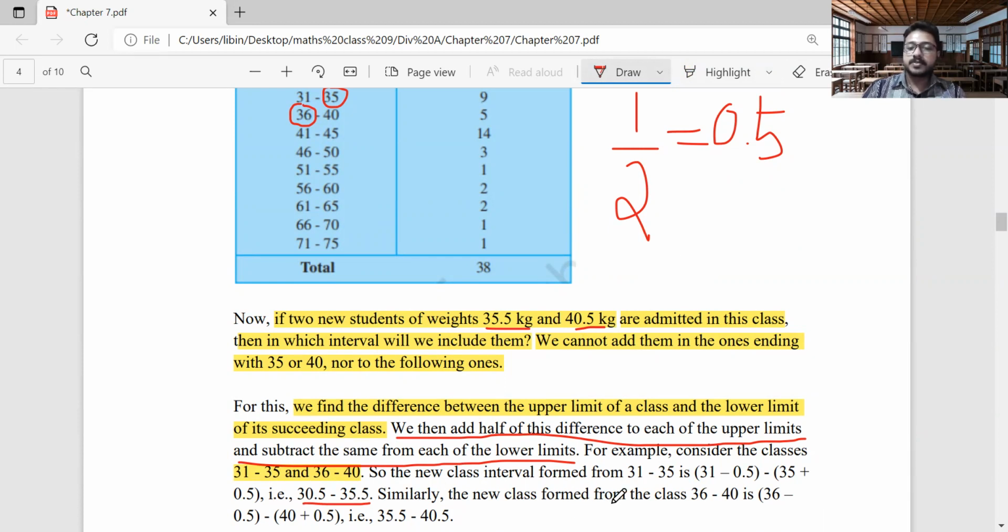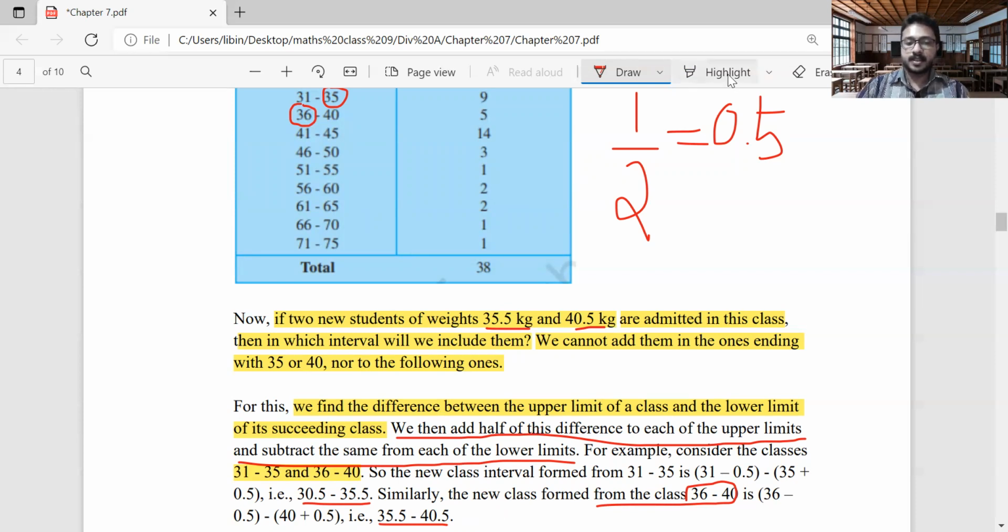Similarly, the new class formed from the next interval will be 35.5 to 40.5. Actually, it is nothing. We are subtracting and adding the same quantity to the lower limit and upper limit respectively. That is the only thing. We know that in mathematics we can do anything without changing the value. Only that principle is applied here.